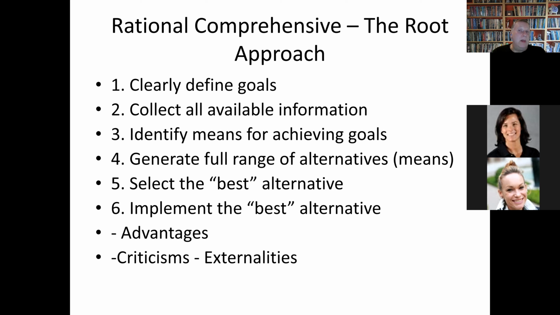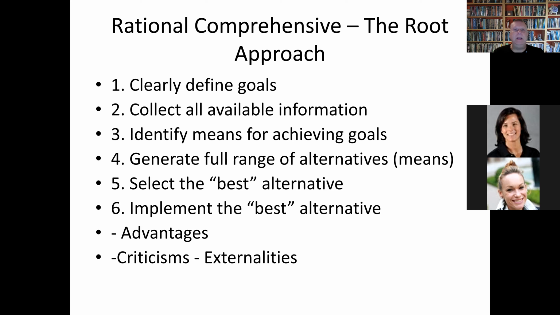We then go out there and collect all the available information, all the information that is out there. We use it to then identify means or alternatives for achieving our goals, so the strategies for achieving our goals. We put together a full range of those alternatives.